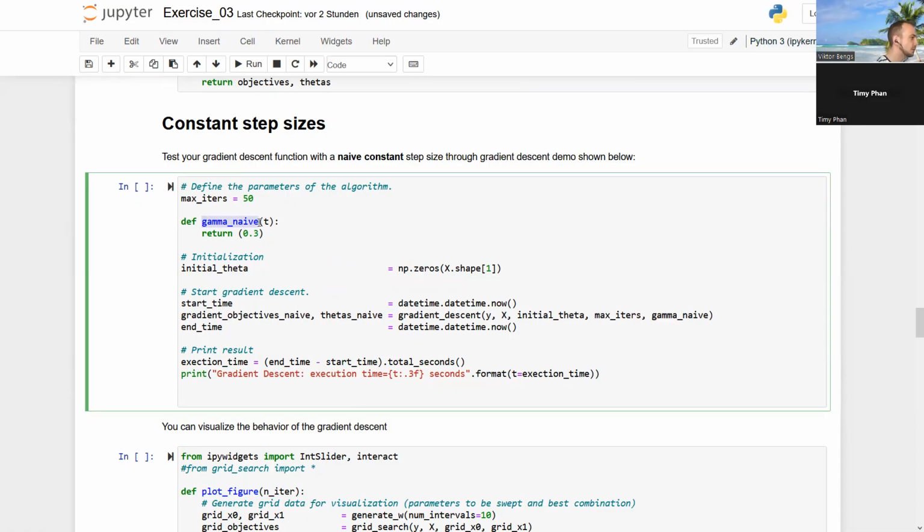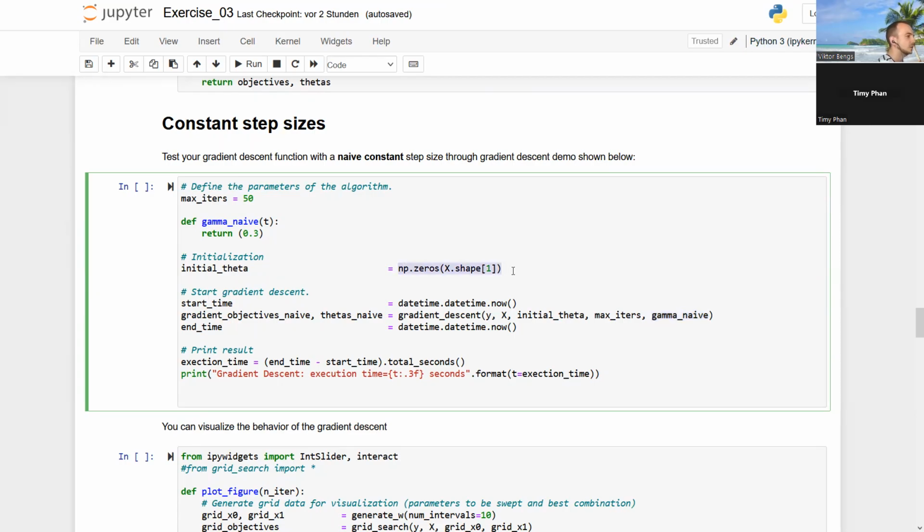And this is our functional parameter for the gradient descent, so that the gradient descent knows, okay, every time I do a step of size 0.3 into the direction of the negative gradient.